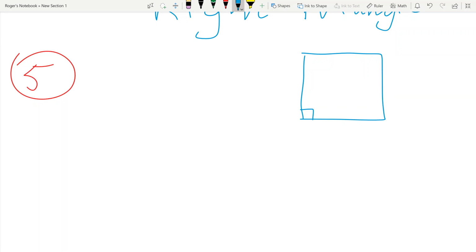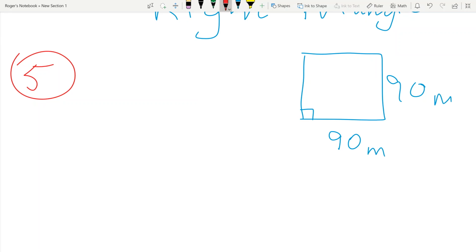Let's say that the sides of this particular square are all equal to 90. Let's say it's equal to 19 meters. The question is, what is the diagonal?